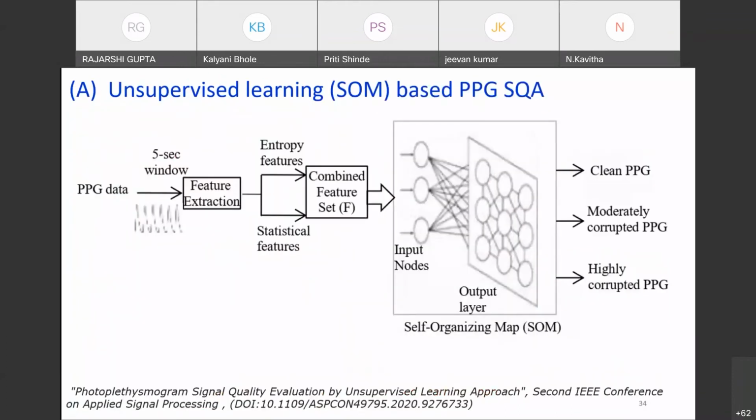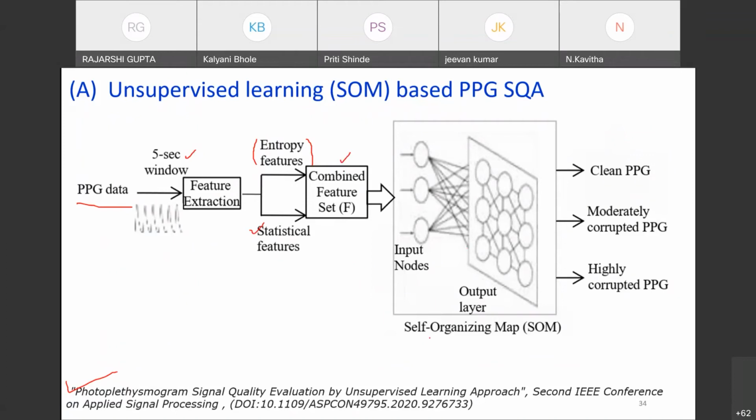So the first work of ours, this is the paper, I have given the references. So this is the PPG data. We took a 5-second window and we used some entropy features. So basically entropy is a measure that gives you the measure of internal disturbances within the signal, and some statistical features were also taken, and a combined feature set was formed.